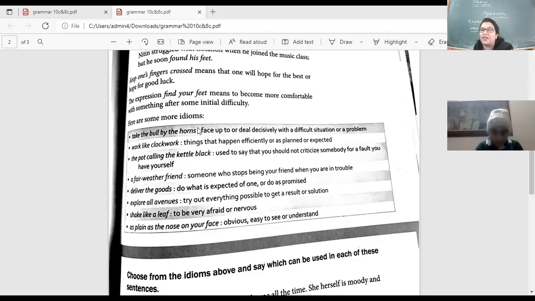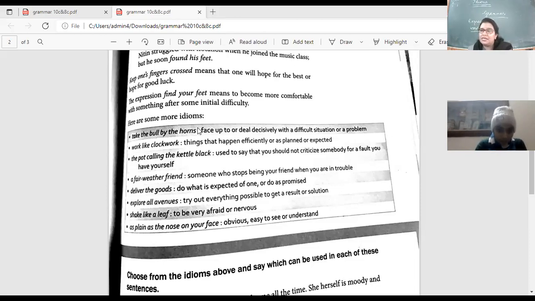It means to face up to or deal with a difficult situation or a problem, to handle a situation. When you take the bull by the horns, you've controlled something. Otherwise, if you let the bull go, it might create a lot of damage and hurt someone, but you control that difficult situation.